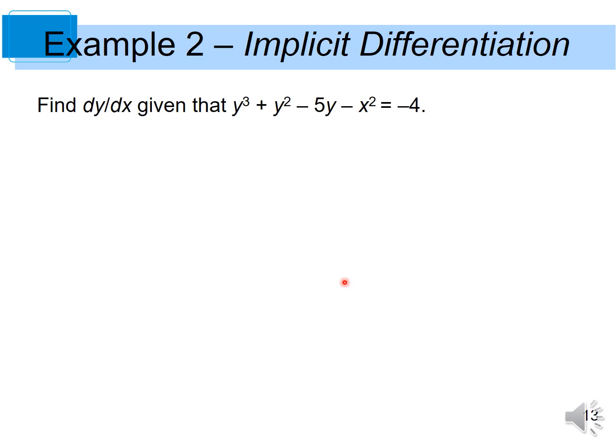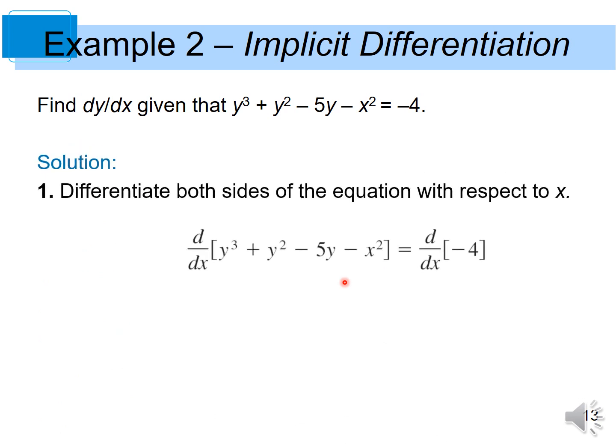Look at this example. Find dy dx for this function. Recall the guideline given in the previous page. The first step is differentiate both sides of the equation with respect to x.